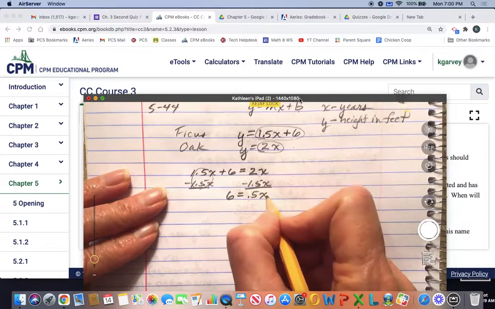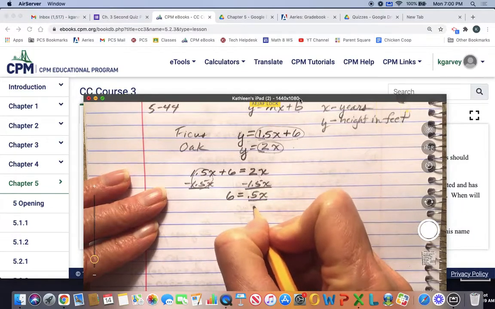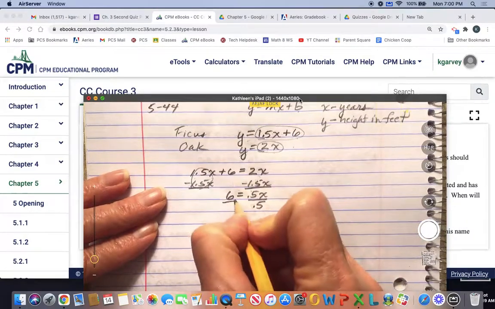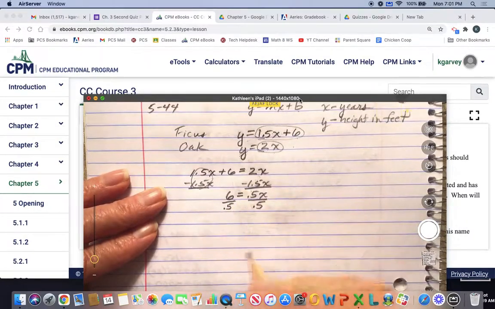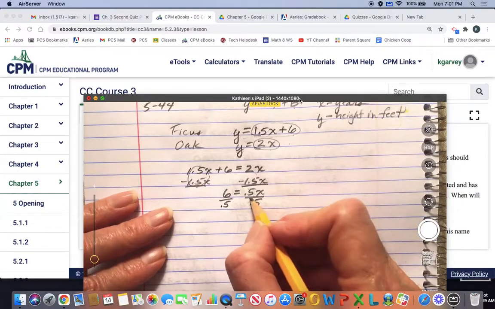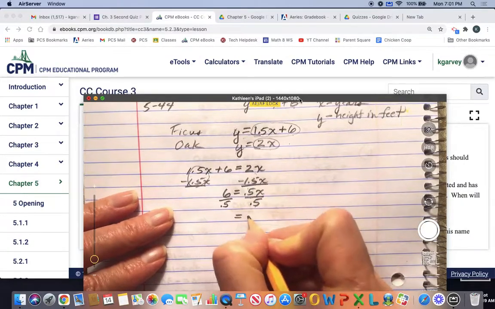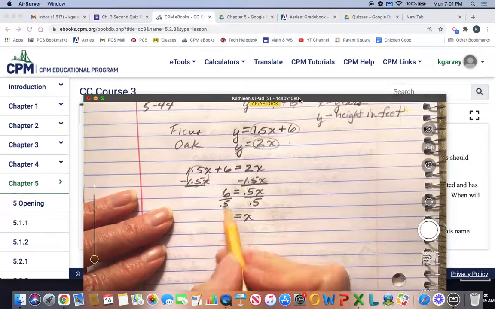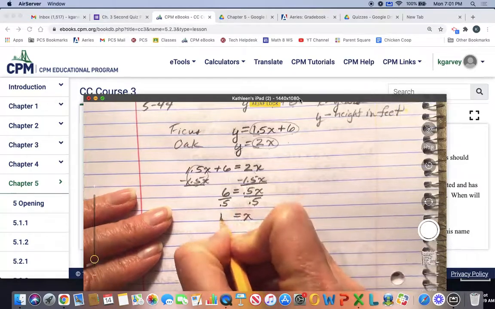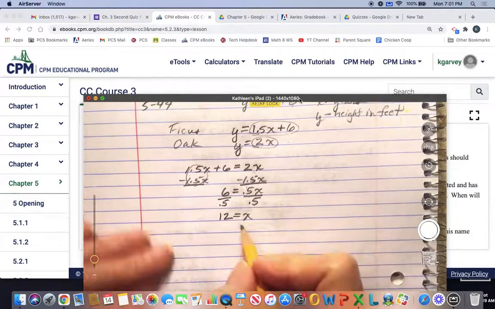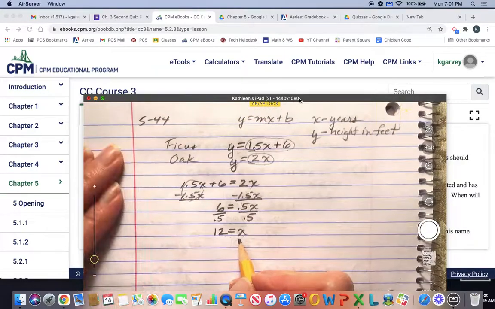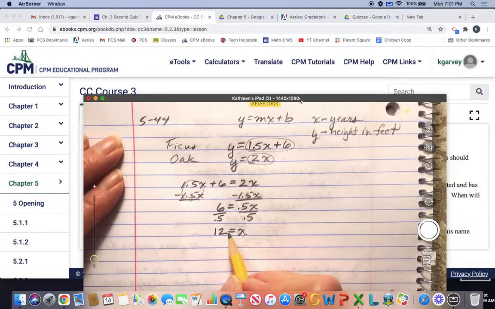And because it's multiplying x, we're going to undo that relationship by dividing by the same amount. And of course, we have to do that on the other side too. 0.5 over 0.5 is 1. 1 times x is just x. And then 6 divided by 0.5, this will go into 6 12 times. Okay, so in 12 years, they should be the same height.